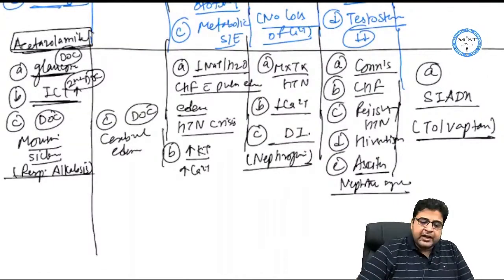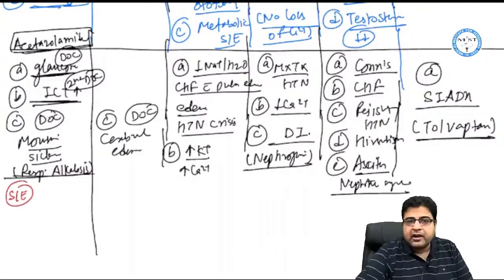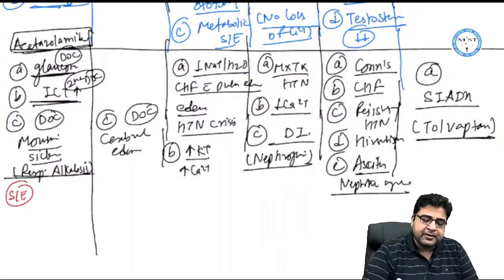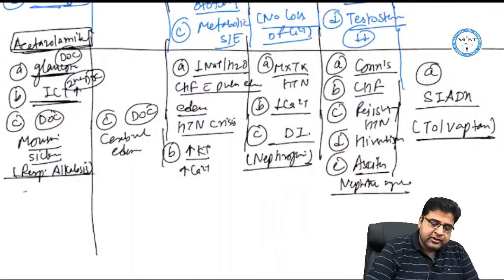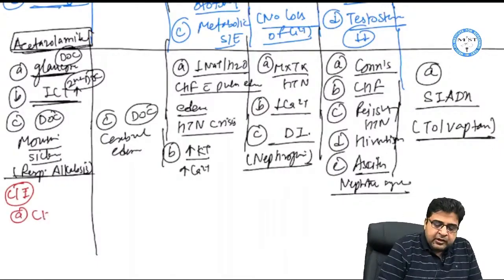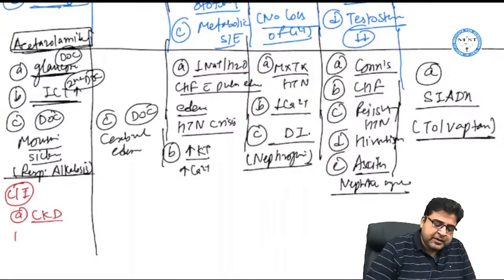for raised ICT. Now these medicines which can cause acidosis are avoided in some conditions where acidosis is already present. For example, these medicines are not given in patients of CKD because in CKD patients acidosis is already present.